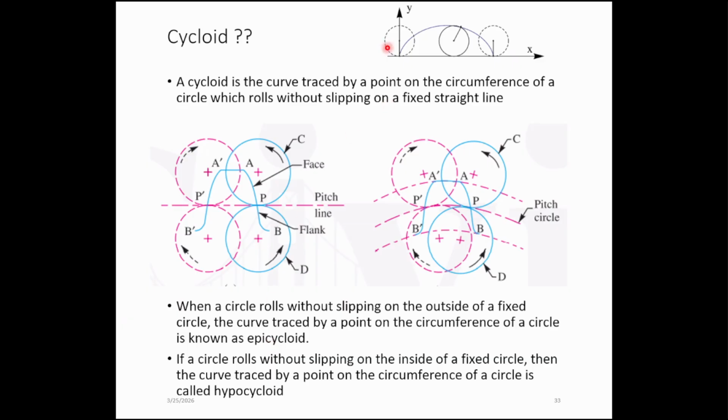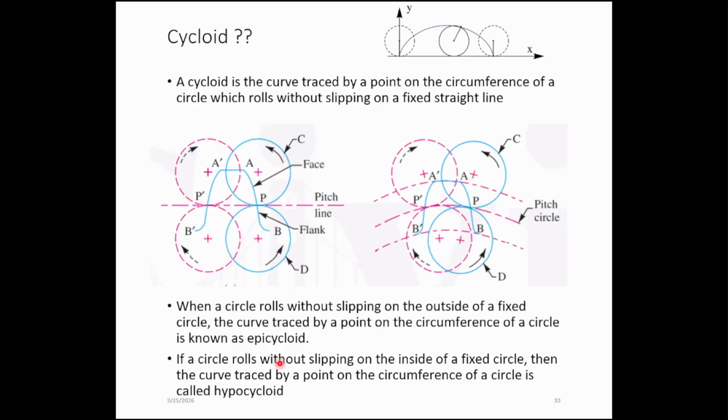So normally, if it is a straight line, we call this shape a cycloid. Instead of a straight line, if we consider a circle, the line created by the trace point will be called an epicycloid.